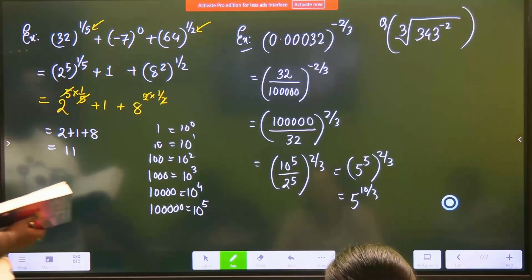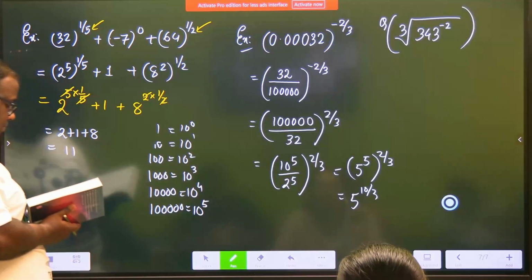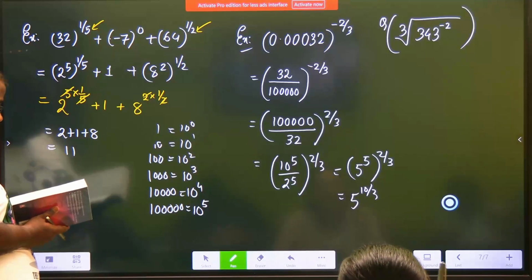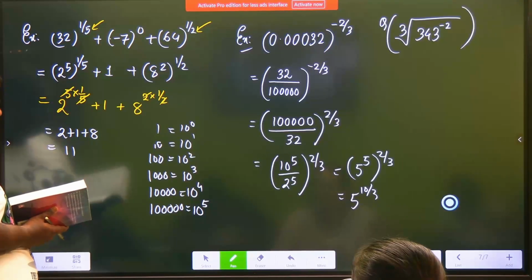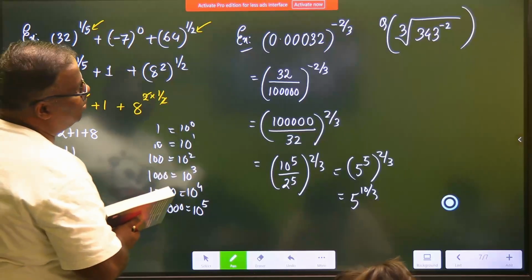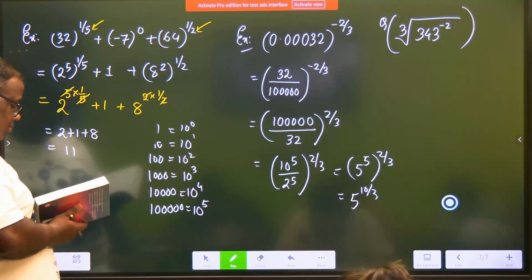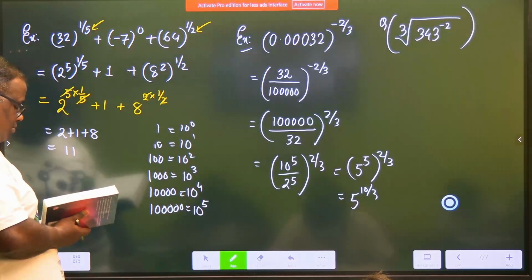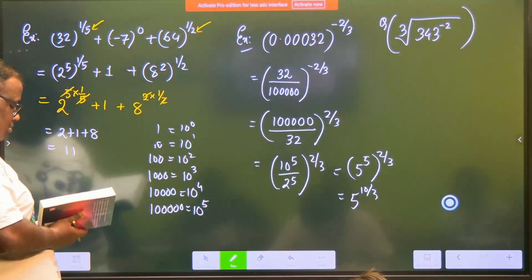Minus 2 है अंदर. करो करो करो हो जाएगा. To the power minus 2. और आपको क्या दिख रहा है? One by 49.